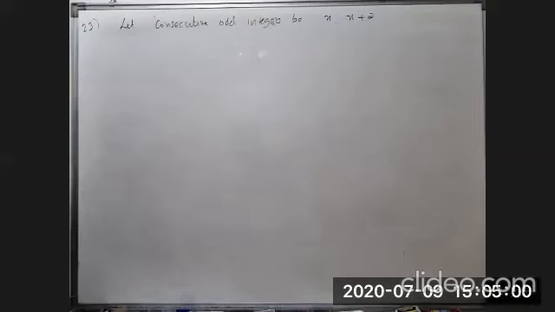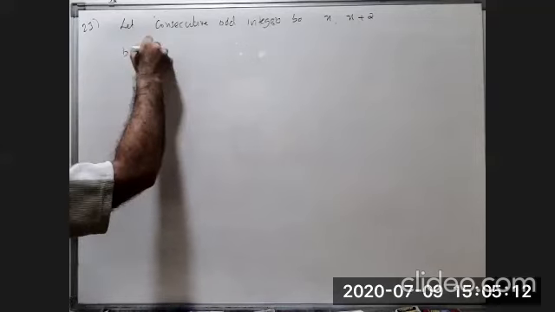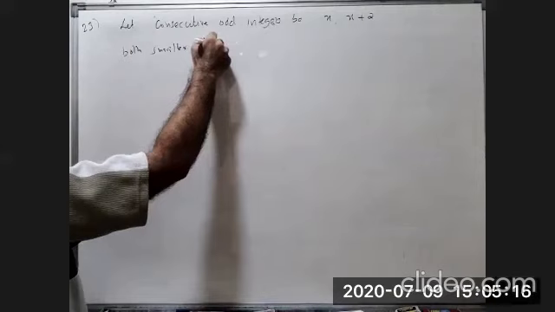Now, what is the first condition given? Both of which are smaller than 10. Both smaller than 10 means x is smaller than 10 and also x plus 2 is smaller than 10.